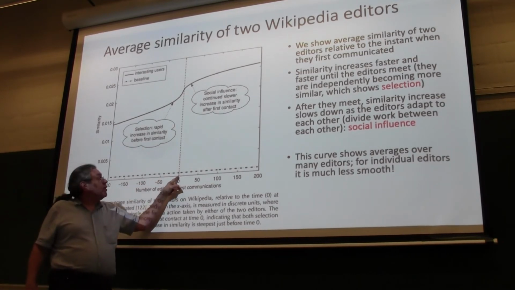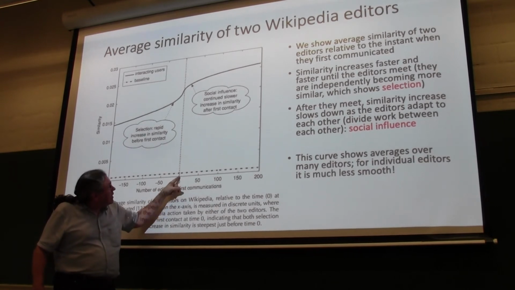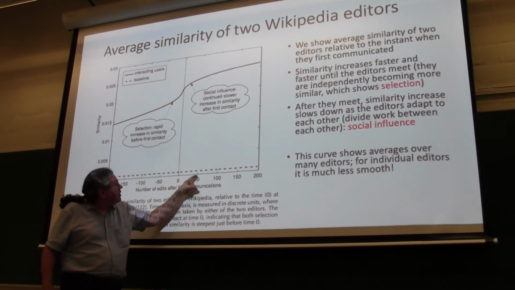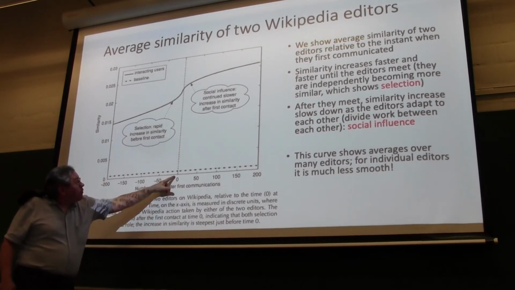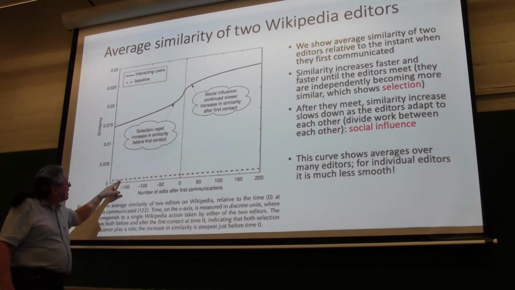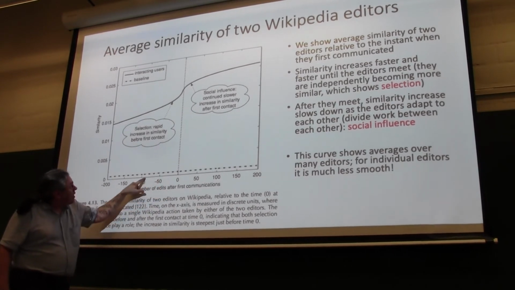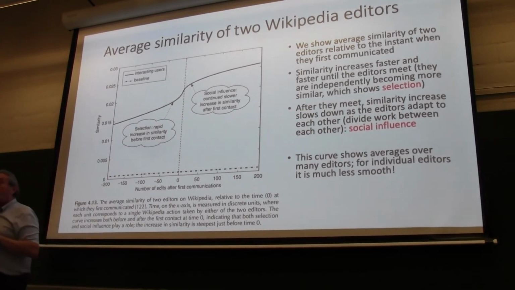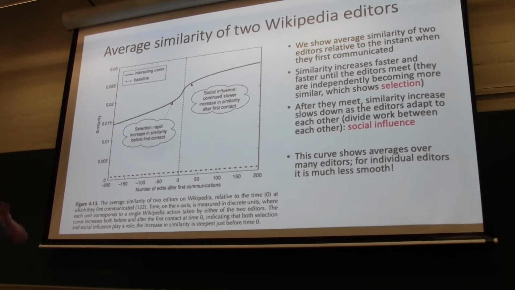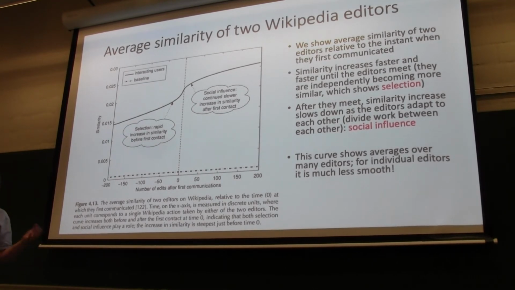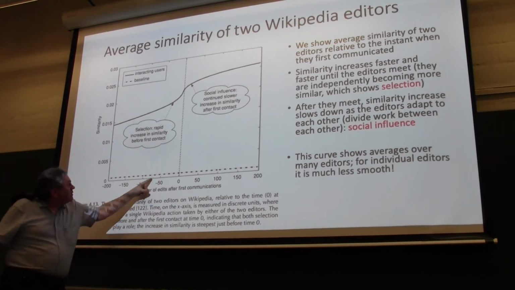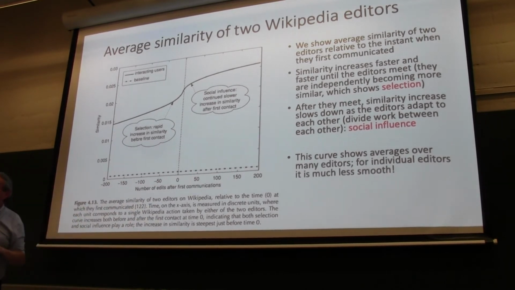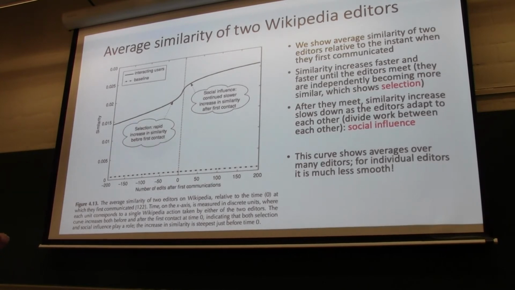That you place at 0. Any other edit after that goes on the positive side, and edits before that go on the negative side. Notice, before that they didn't know each other, okay? Because we're collecting all the data and analyzing it later, we actually know what the editors did before they got to know each other.